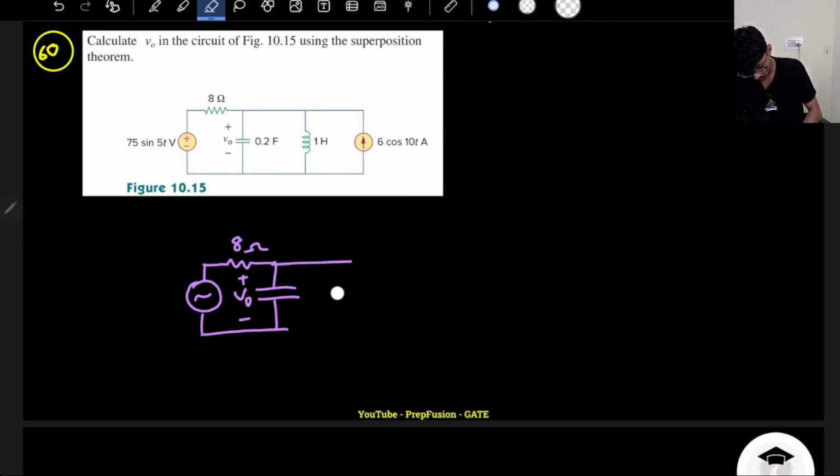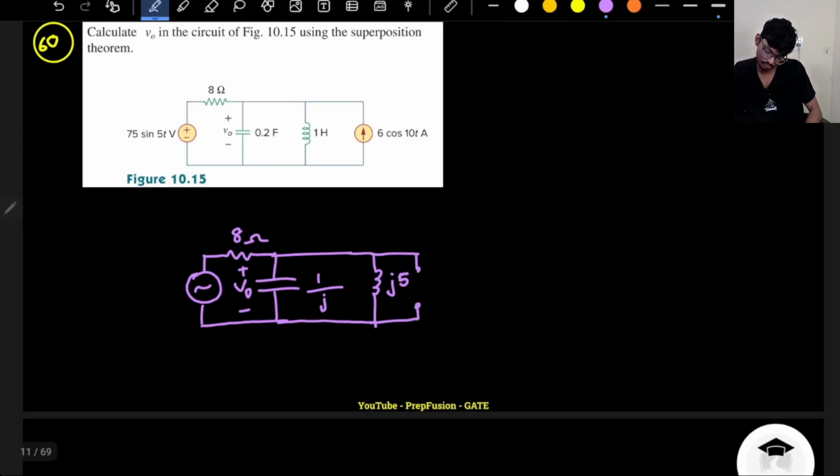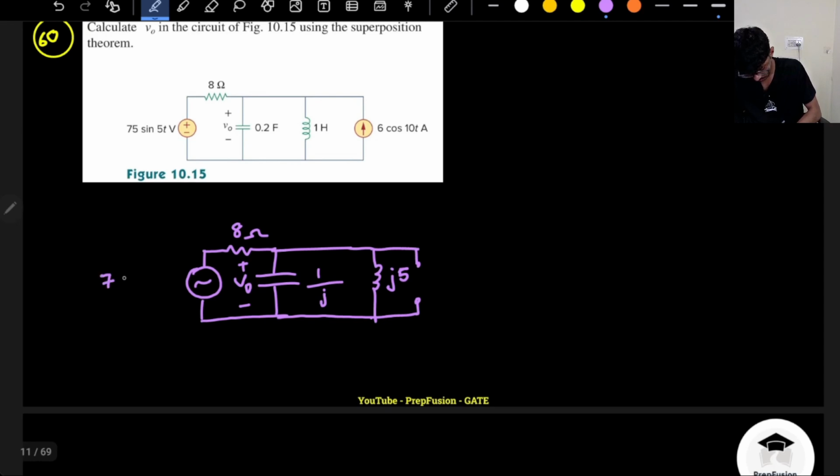Now what is 0.2 farad? Basically this will be 1 by j only, 1 by j. This will be 5, j5, and this will be 75 sine 5t.